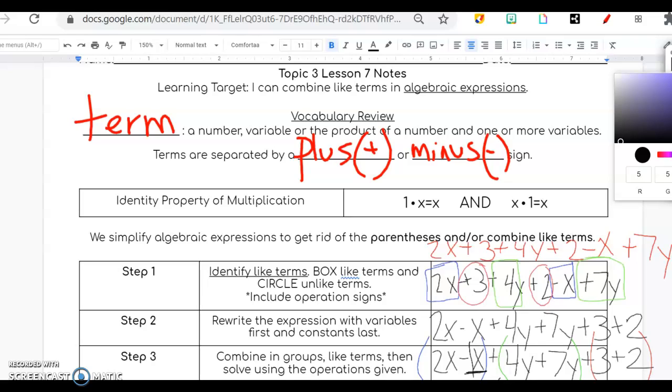I bring down that plus sign that's in between the parentheses. 4y plus 7y, 4 plus 7 is 11y. Bring down another plus sign. And then I combine 3 plus 2 to get 5. So that is my simplified algebraic expression. And I'm going to circle that, big letters. I know that that's my simplified algebraic expression.